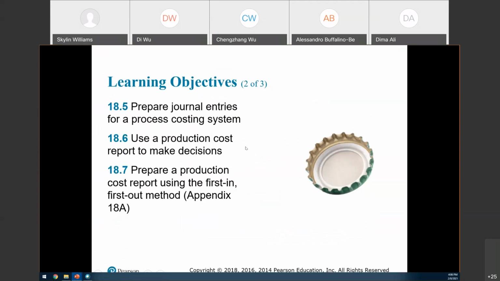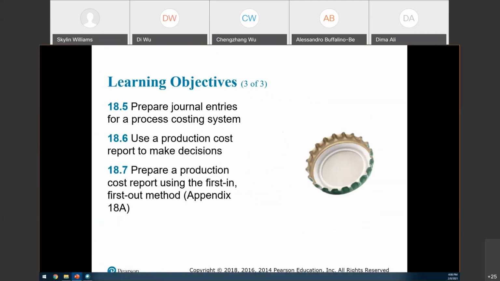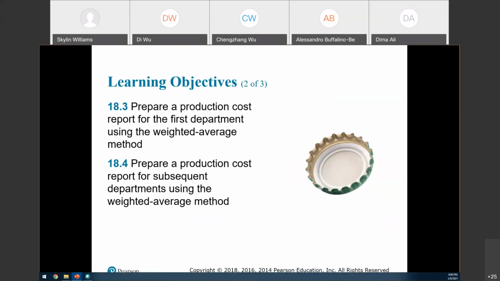While you learn what EUP, equivalent units of production, is, you need to understand how to prepare a production cost report for the first department.